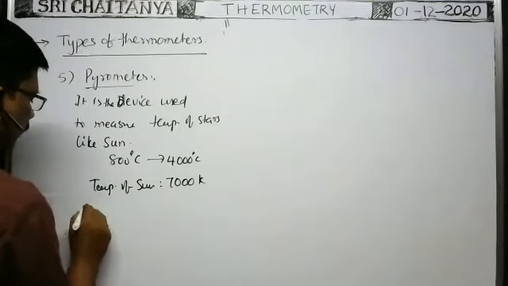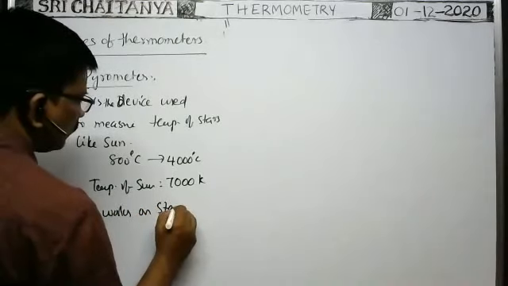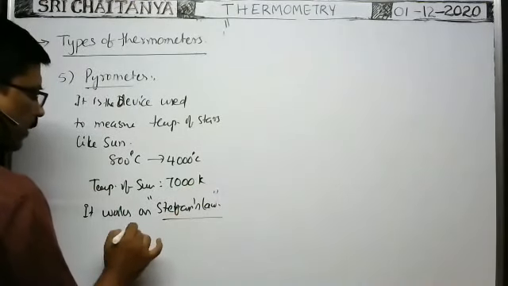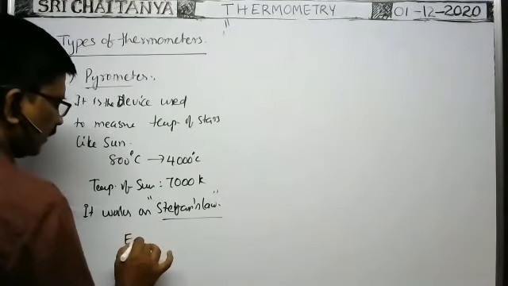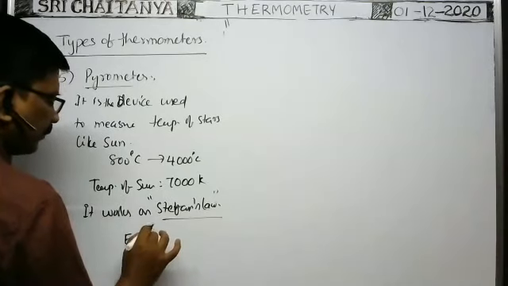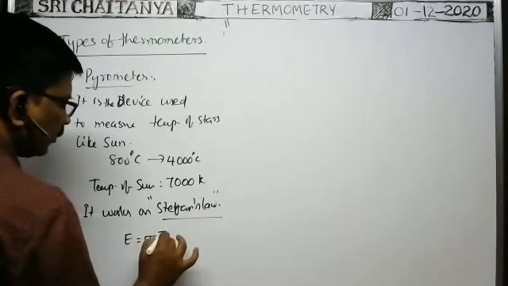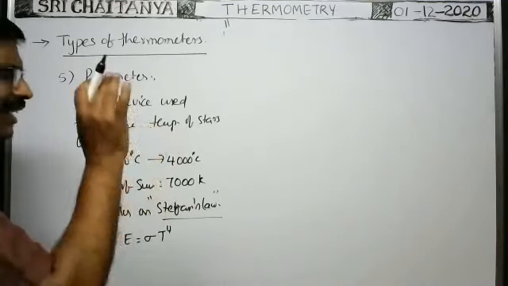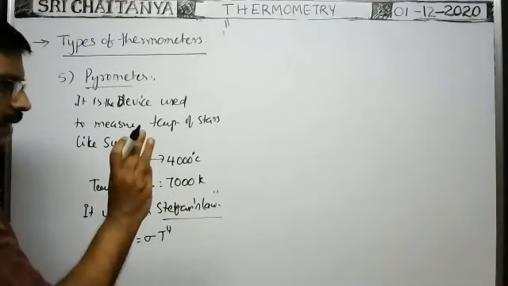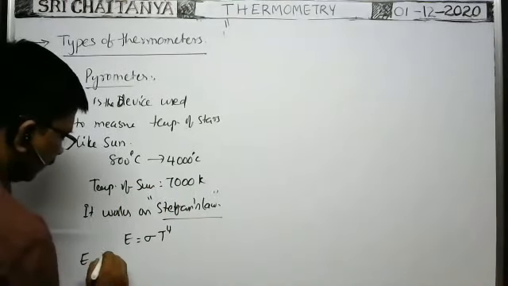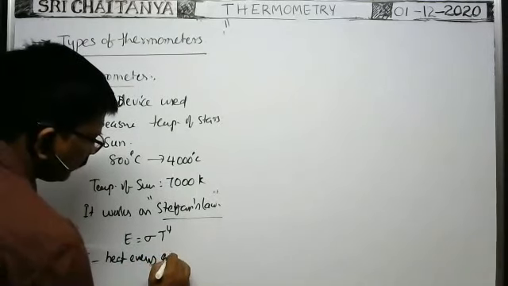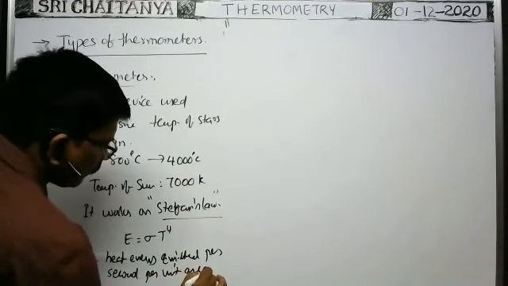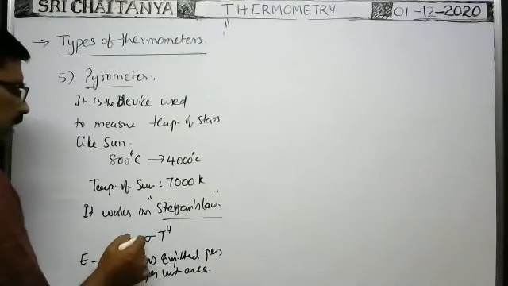It works on Stefan's law. Stefan's law means the amount of energy emitted by any body per second from unit area is directly proportional to the fourth power of the Kelvin temperature of that body, that is, E equals sigma into T to the power 4, where E is the heat energy emitted by the body per second per unit area.